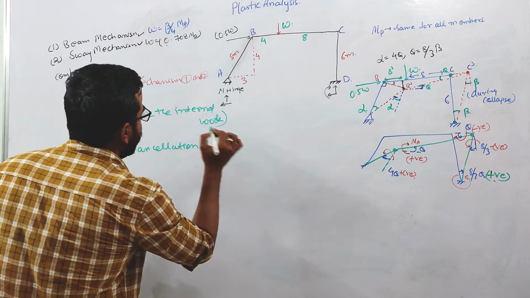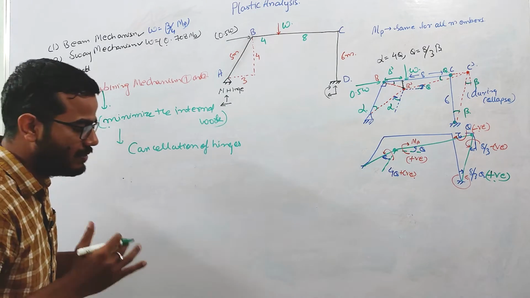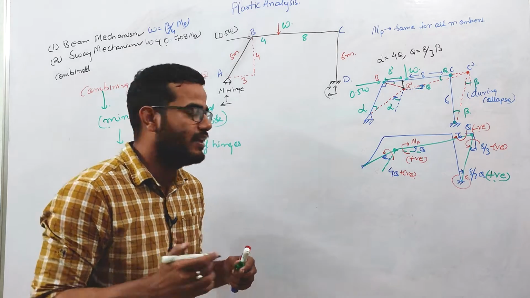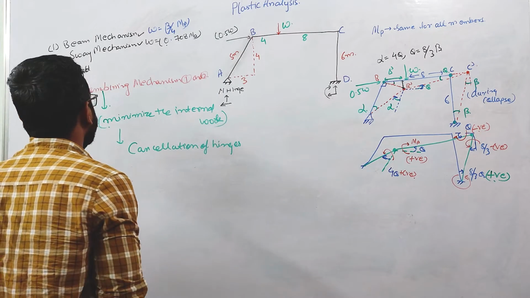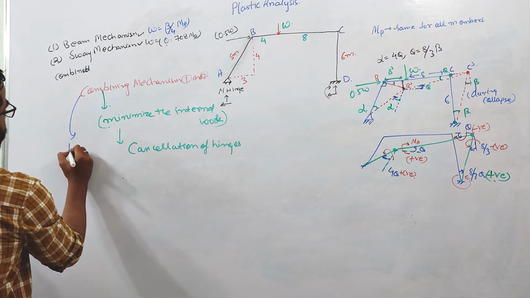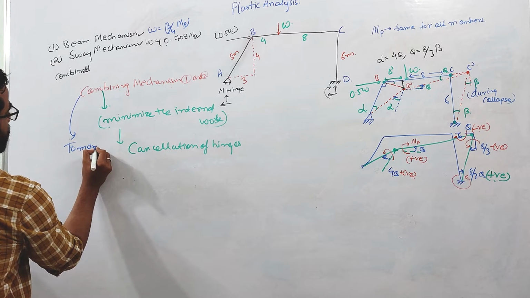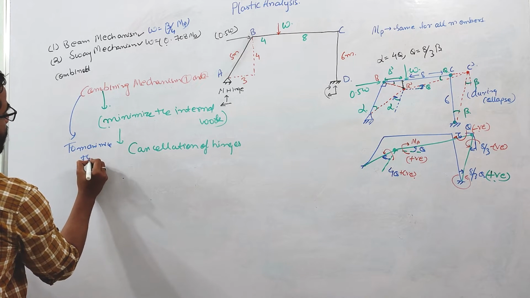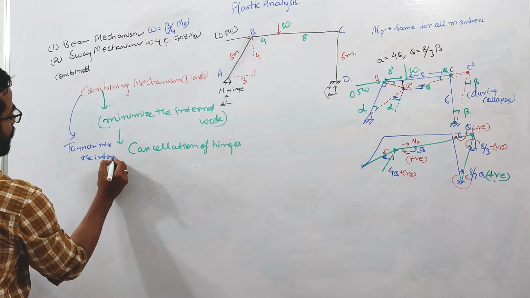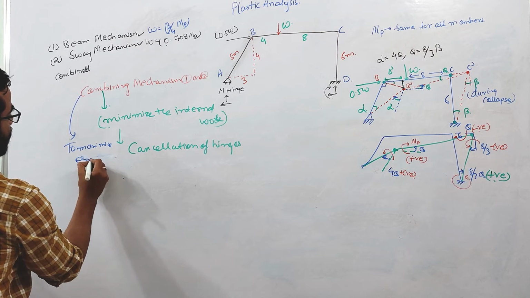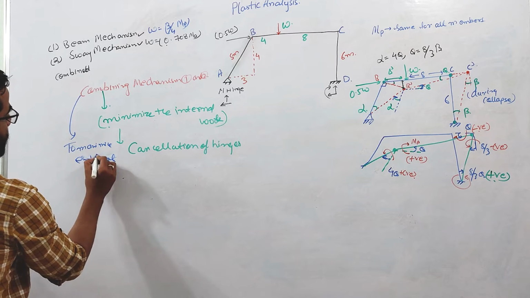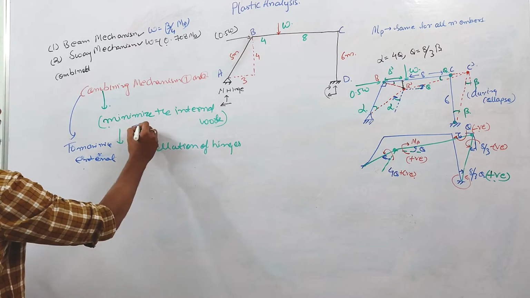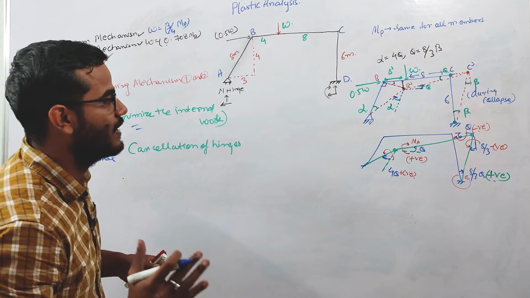So in the combined mechanism, our criteria should be to maximize the external work and minimize the internal work, right? That should be our criteria in the combined mechanism.